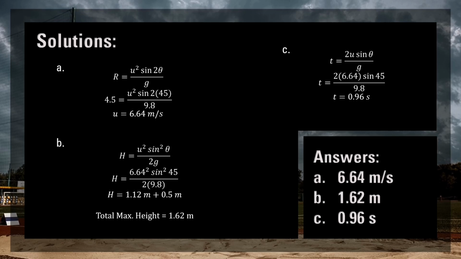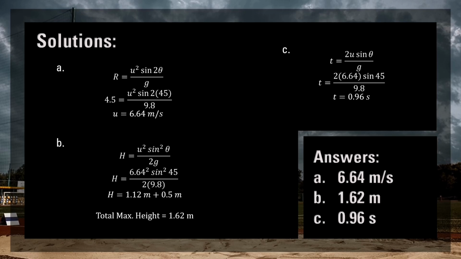Letter C. Time is equal to 2 velocity sine theta over g. Given that the velocity is 6.64, theta is 45 degrees, and gravity is 9.8 meters per second squared, time will be 2 times 6.64 sine 45 over 9.8.